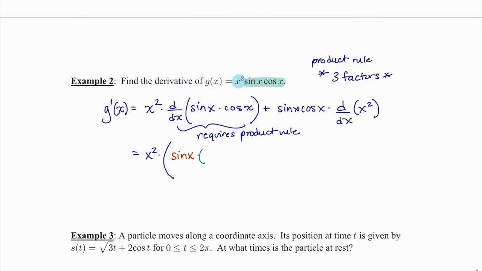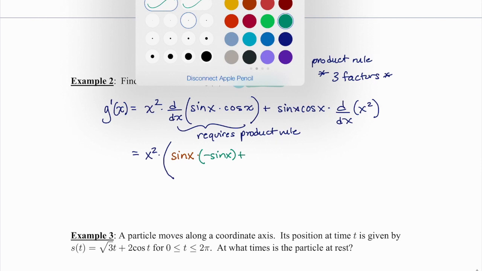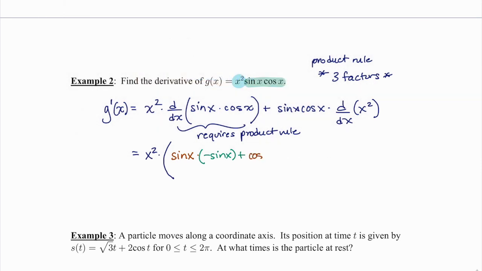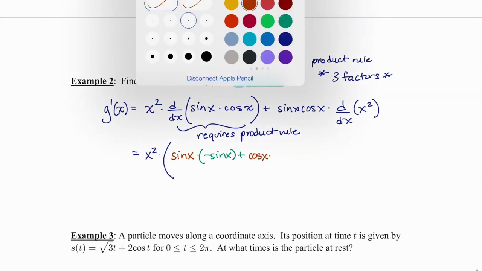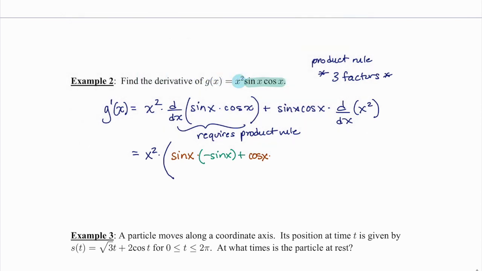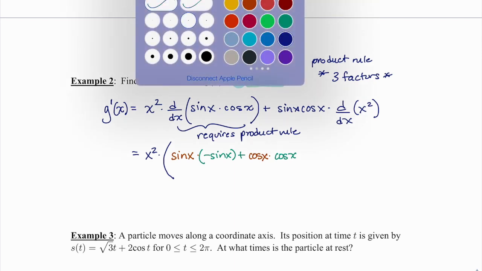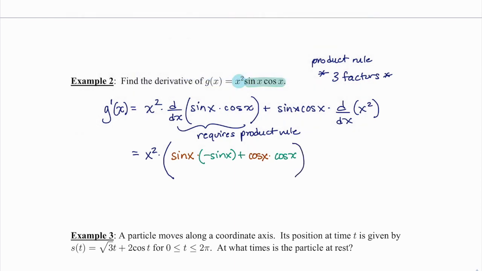The derivative of cosine is negative sine x plus the second times the derivative of the first. Derivative for sine is cosine. So the orange and green here would represent the derivative of sine x times cosine x.